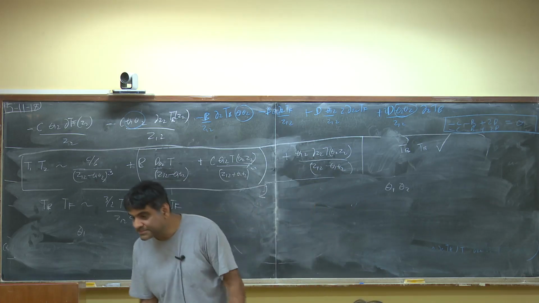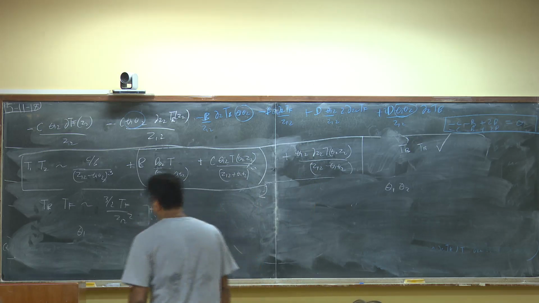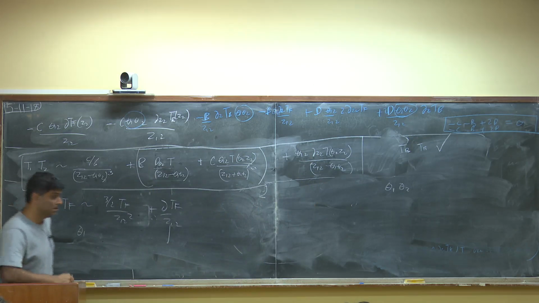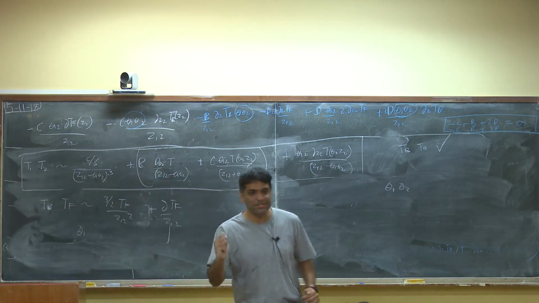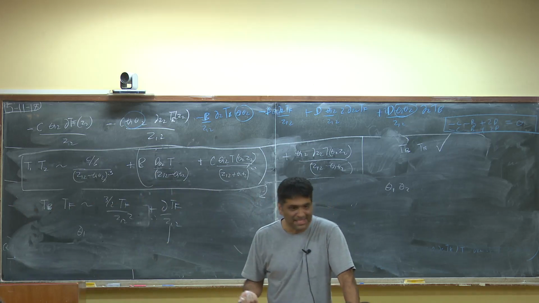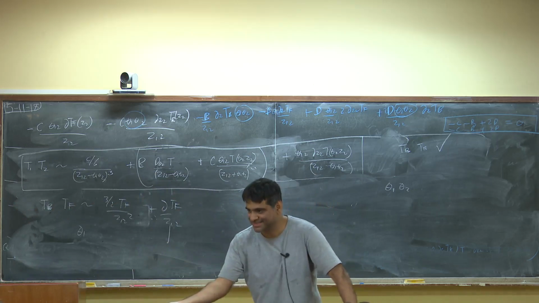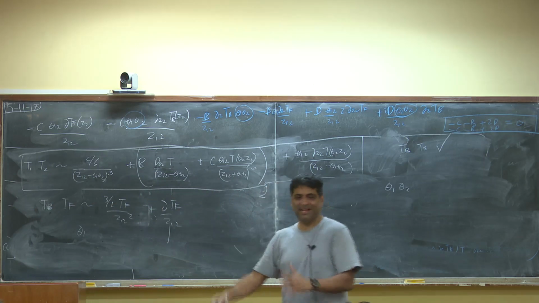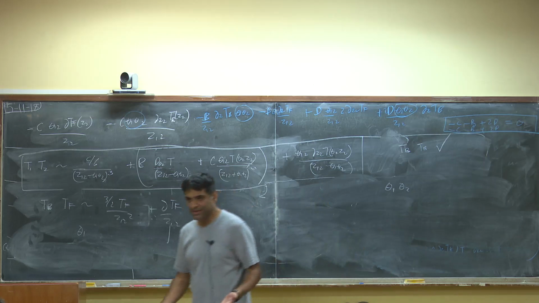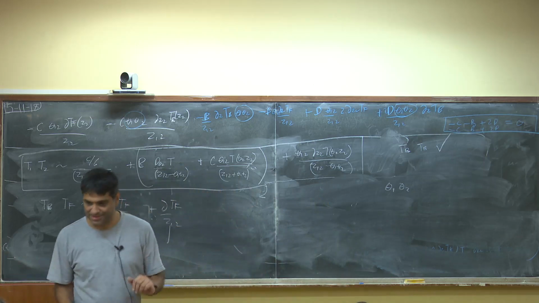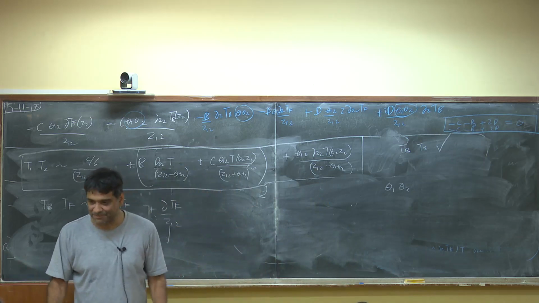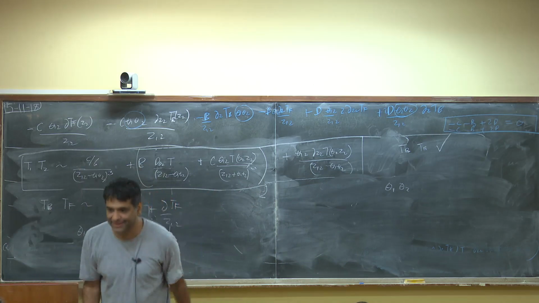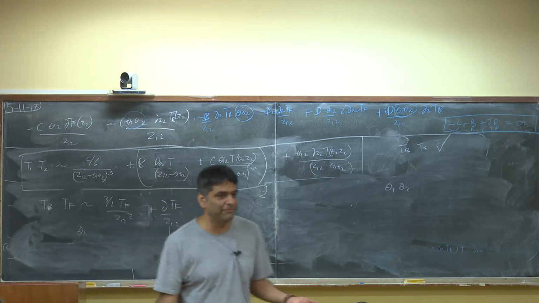Why is TB the one that's determining what the weight is? Because it's the stress tensor. But why isn't it TB plus TF? No, because TB was the stress tensor. TB was the dimension 2 conserved current. It's just that we've added another field to the stress tensor and are looking at it as a whole supermultiplet. So we're looking at a higher symmetry algebra with a dimension 2 current and a dimension 3/2 current, but the dimension 2 current is still the stress tensor. If you've got a larger symmetry algebra, you can choose to forget about that and look at it just as an ordinary conformal field theory.